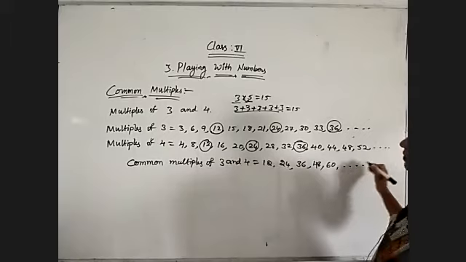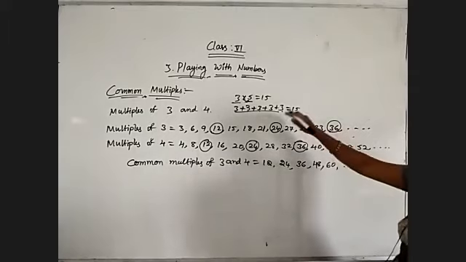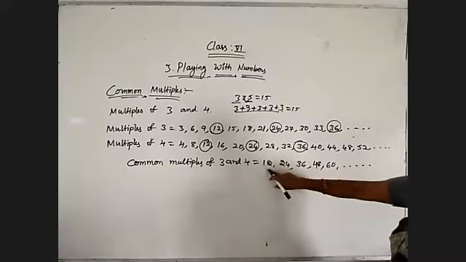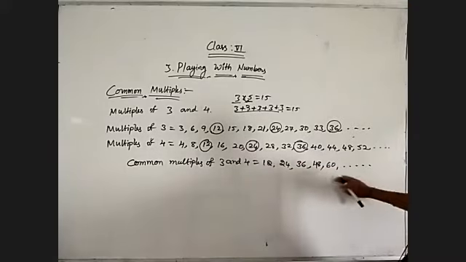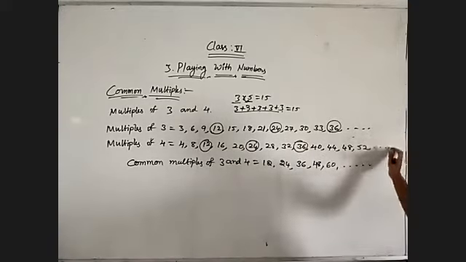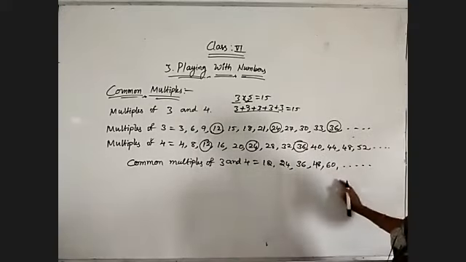Like this we get the common multiples of 3 and 4, without listing all the numbers.